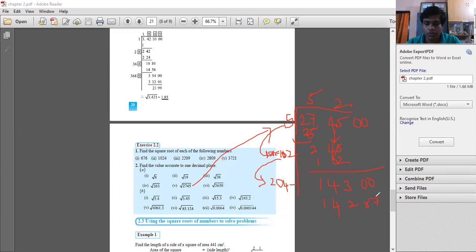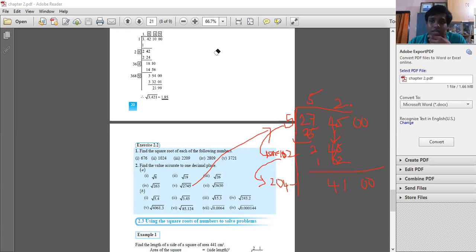102 into 2, 202. Did I make a mistake there? Here I made a mistake. 245 minus 204 will give you 41. Oh my god, I have made a big mistake. It will give you 41 because it's 204.